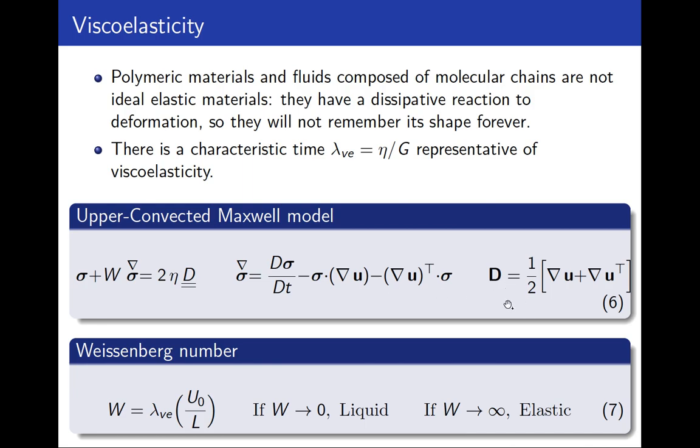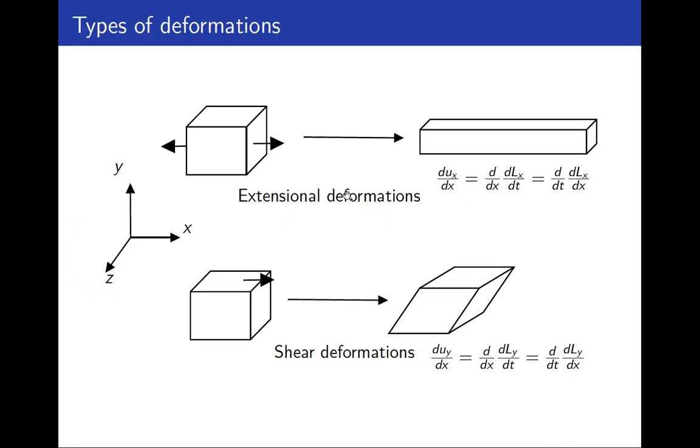And then this tensor, this matrix, is known as the deformation tensor, which is calculated as follows: the gradient of the velocity plus the transpose of the gradient of the velocity, multiplied by 1/2. This deformation tensor tells us a lot about the kinds of deformations that a fluid might experience.